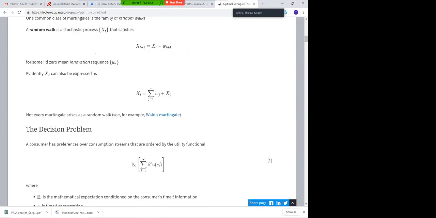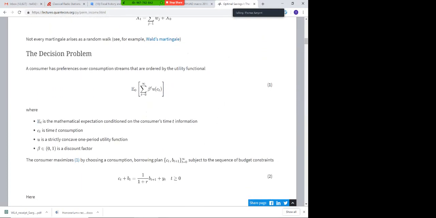Okay, so now we're going to have a consumer. This is all going to look old, except for a minor change in convention. There's a consumer that cares about this. Well, there's our friend, but I put a conditional expectation at time 0 now to account for randomness. So all of these things are the same.